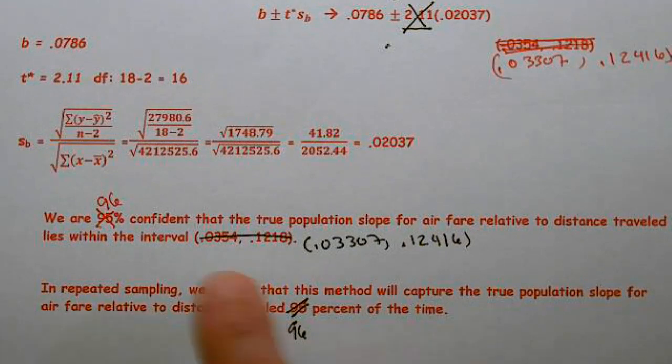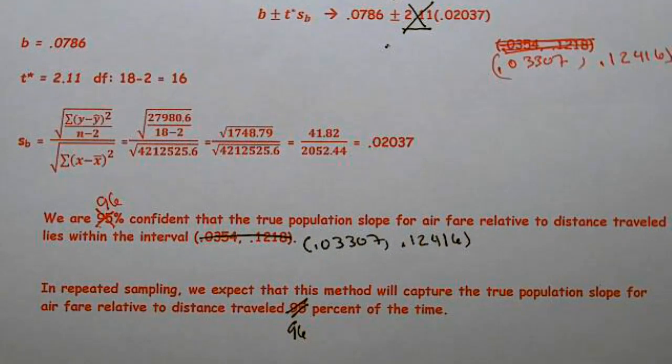But for our actual conclusion, we are 96% confident the true population slope for airfare relative to distance traveled lies within the interval we calculated, and in repeated sampling, we expect this method will capture the true population slope for airfare 96% of the time.